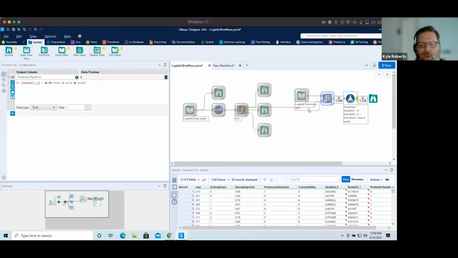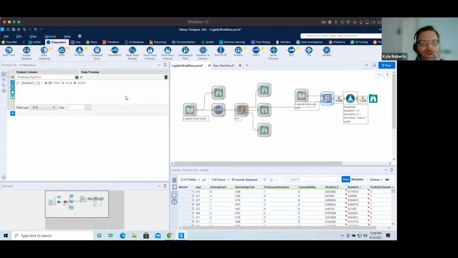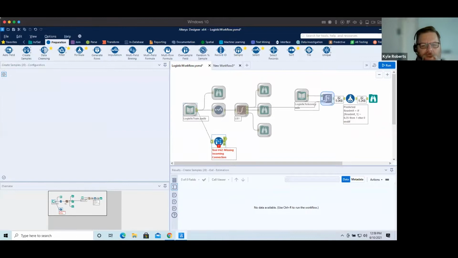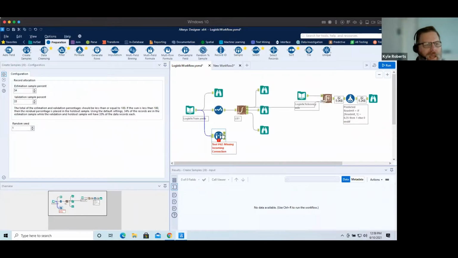So now you could, if you wanted, when you're starting with this original data set, this logistic train, pull in a preparation tool here. And what you would do is use a create samples tool. Let's suppose you wanted to use part of this data set for your estimation, part for your validation, and then a historical testing set.